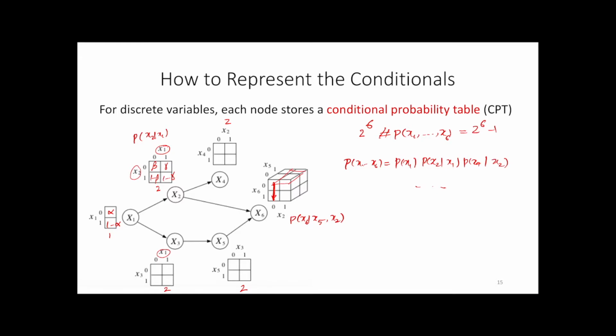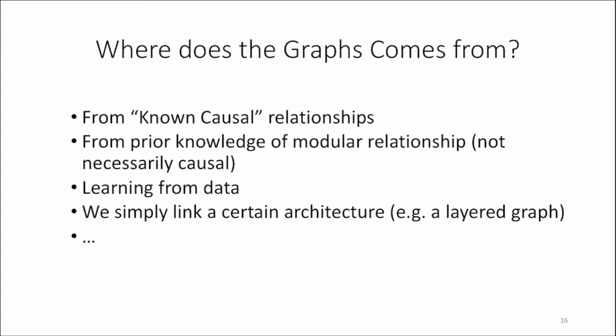So as you see, we go from 2 to the power of 6 to a very small number of parameters. So you can view a DAG as a way to reduce the number of parameters of a general probabilistic graphical model.